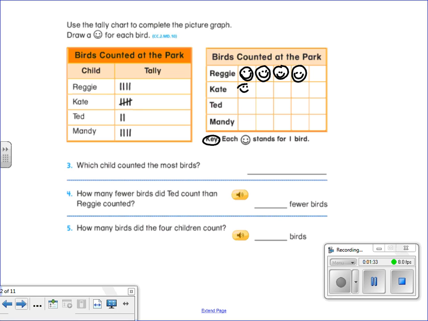Right. And for Ted, how many marks do we have? Megan? 2. Good. How many pictures will we draw? 2. Good. And for Mandy, how many marks do we have, Isabella? 4. 4 marks. How many faces? 4. 4 as well.